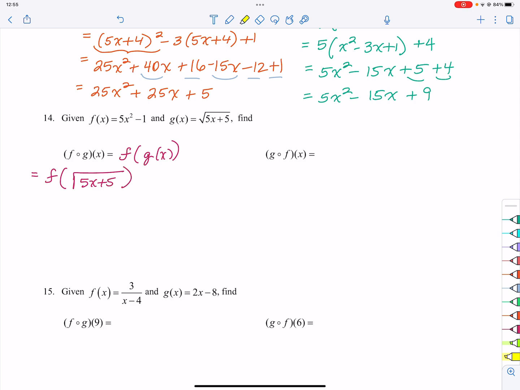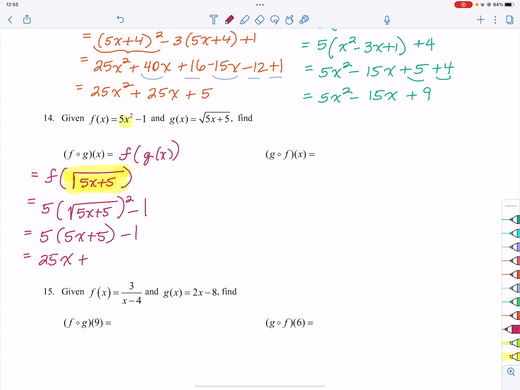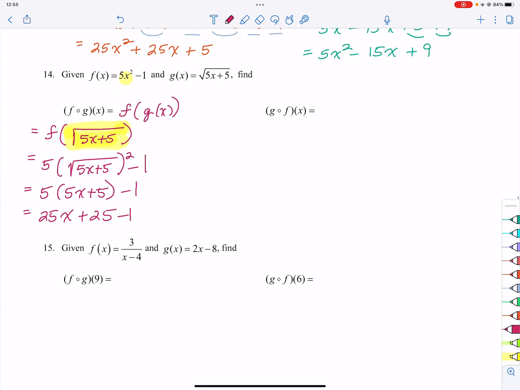So everywhere there is an x in f of x, we are going to put root 5x plus 5. So we have 5 times root 5x plus 5 all squared minus 1. And that's just 5x plus 5 minus 1. And that's 25x plus 25 minus 1. And we come up with 25x plus 24.